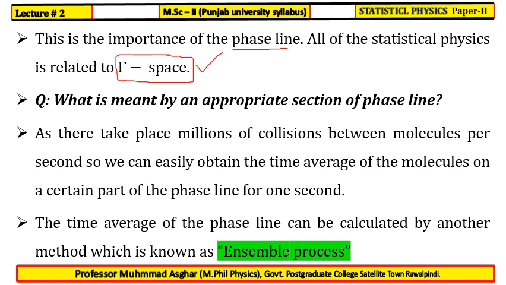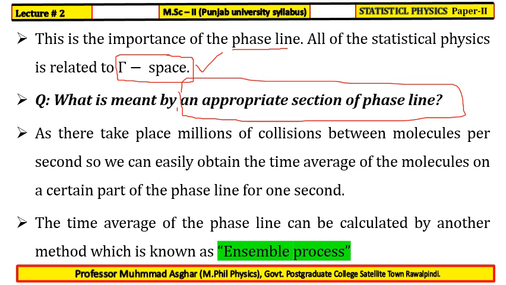As I said, we will give the answer to what is meant by an appropriate section of the phase line, because the time average is taken only over an appropriate section of the phase line.